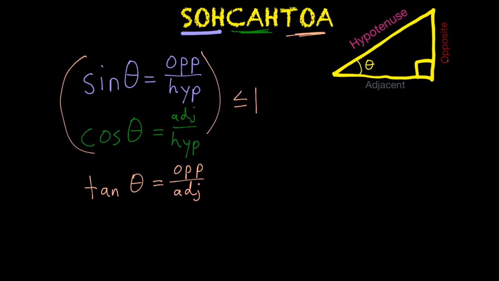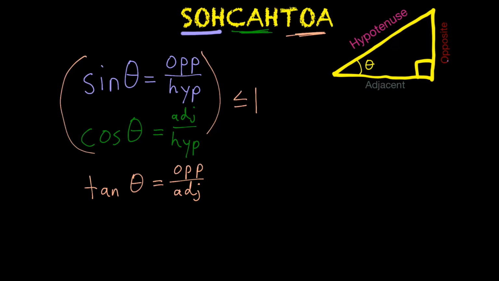So you're always going to have a fraction that has a smaller number on top because the hypotenuse is always bigger. So these two fractions are always going to be less than or equal to 1. The tangent can be other numbers, because the opposite side could be much larger than the adjacent, or vice versa. So it could be a much larger number, or it could be a number close to 0 as well.